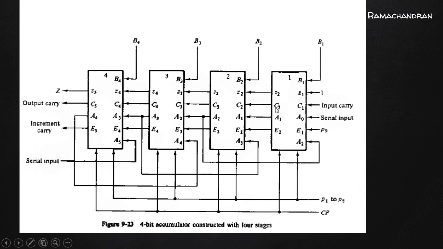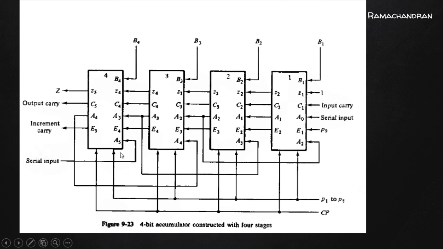That is, the present state of A1 forms the next state A2 value, and the present state of A2 forms the next state A3 value. The present state of A3 forms the next state of A4 value, and so on. And this last value of A4 is eliminated.